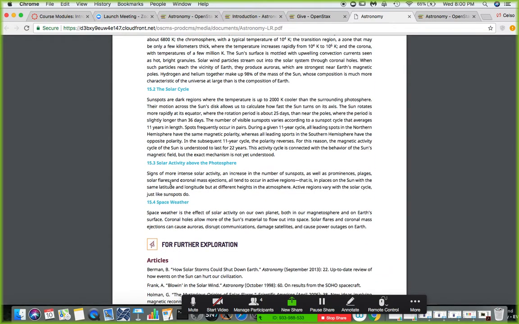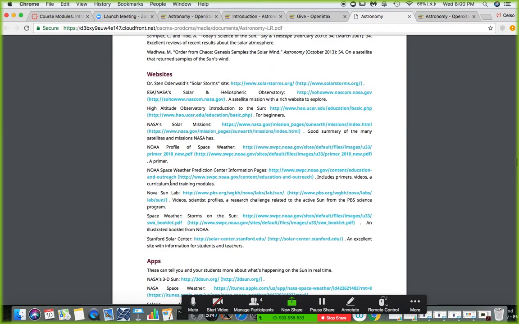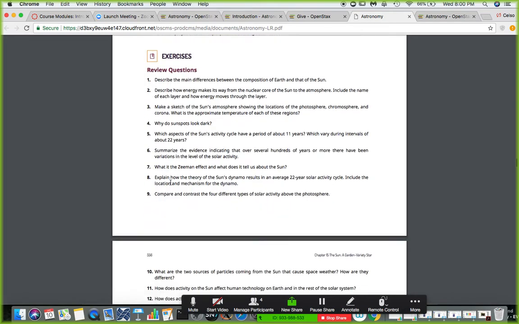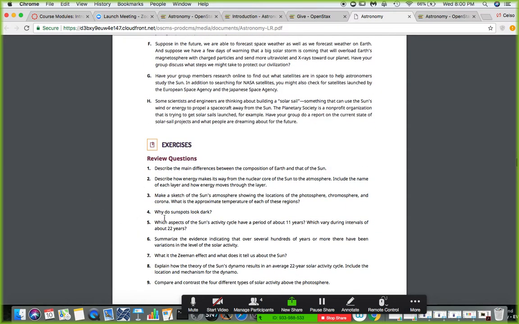And again, I will try to bring more questions based on these summaries. And also, if you want to test yourself, there are some questions here. For instance, why do sunspots look dark? They are dark because they are cooler.